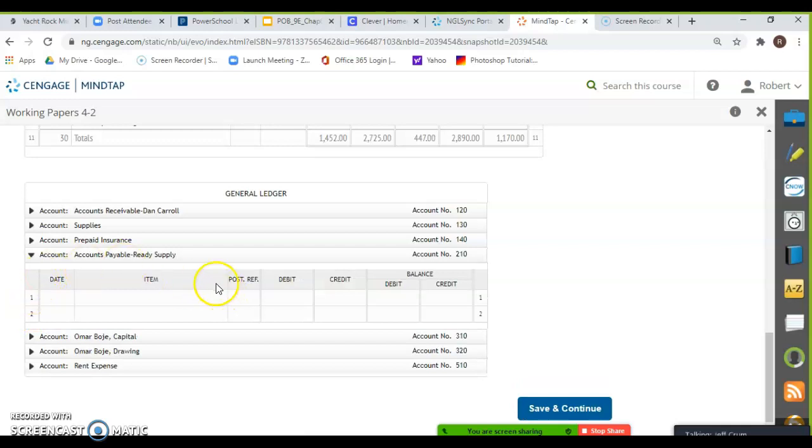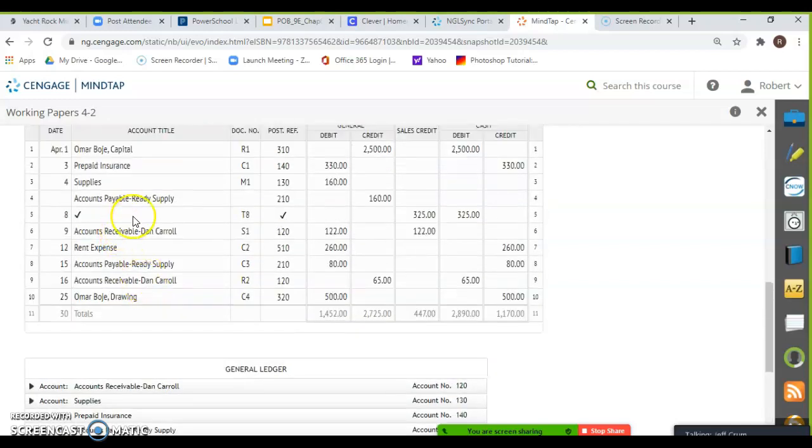Now I'll do the accounts payable. So let's find accounts payable. So that was on April 4th. We know that because it's blank underneath the 4. It happened on the same day.